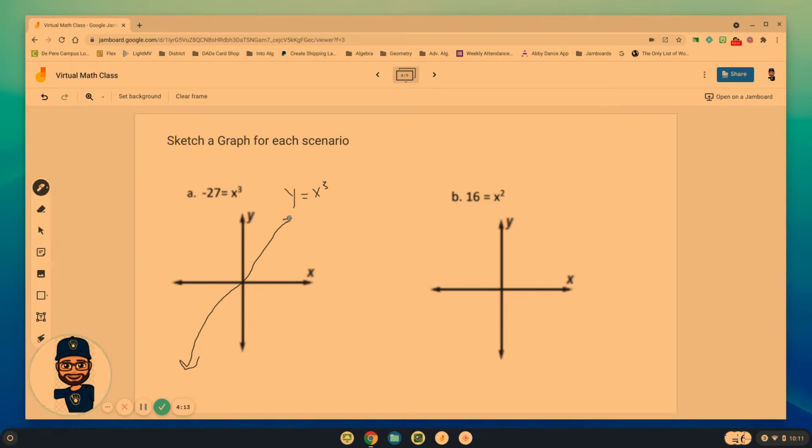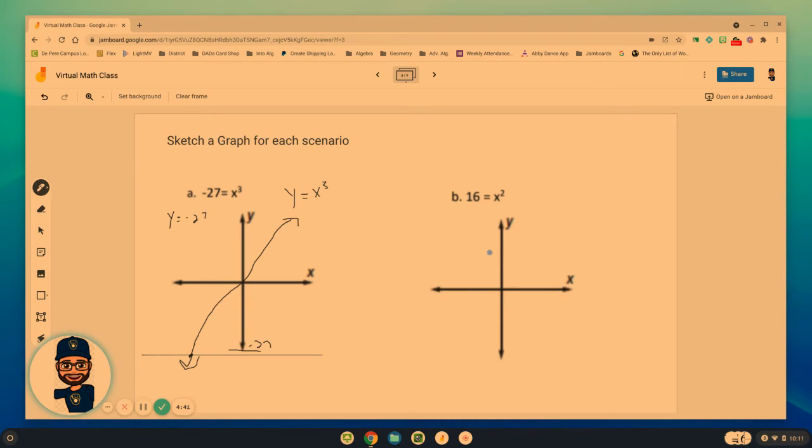Then if we graph the other side, y equals negative 27, that's a line crossing the y-axis way down here at negative 27. So it will have one possible answer way down here in the 3rd quadrant. In this case, it's probably negative 3.